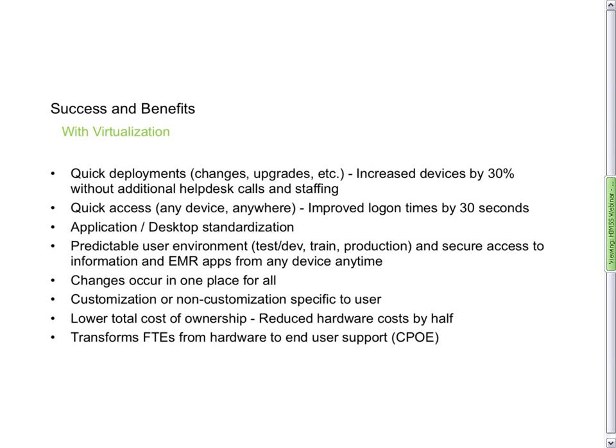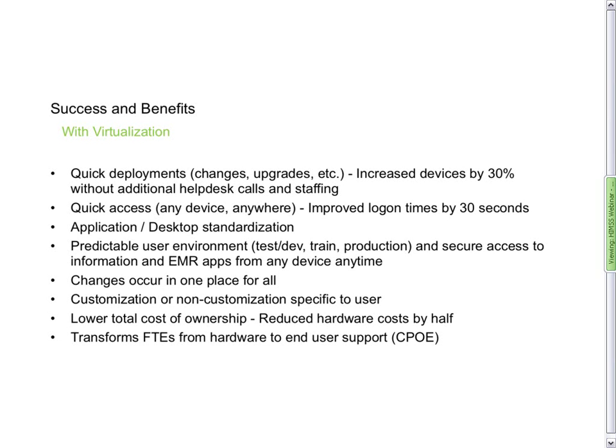We have the AppSense console, which we'll be demonstrating later. We can change it there, and it automatically rolls out to the whole environment, whether it's Citrix or physical PCs. You can associate the configuration to multiple platforms, and again, we can customize it or make it non-customizable by user in Active Directory. We've been able to reduce our deployment of PCs by half versus the traditional PC method.